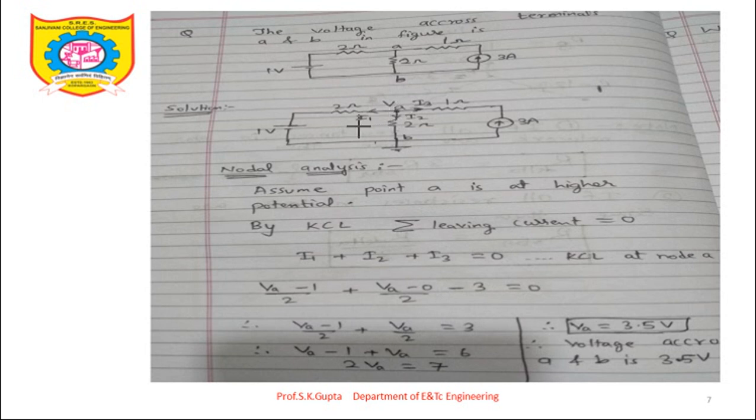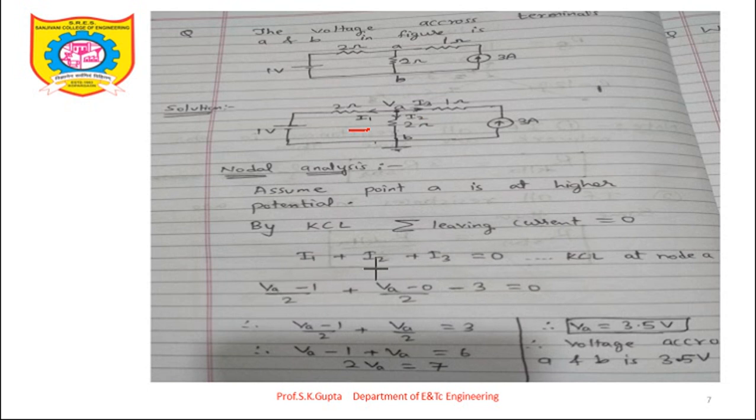So I have marked the currents. One current is I1, which is going in this 2 ohm resistor. Another current is I2, which is going in this 2 ohm resistor. Another current is I3, which is going in this 1 ohm resistor. So by KCL, the sum of leaving current is 0.